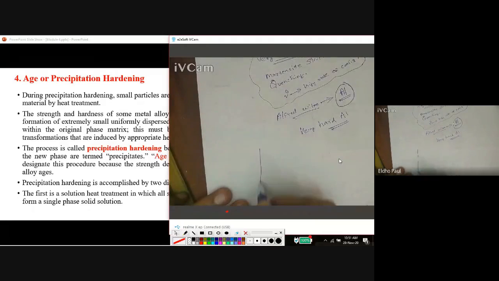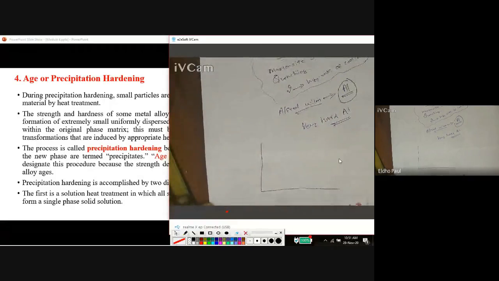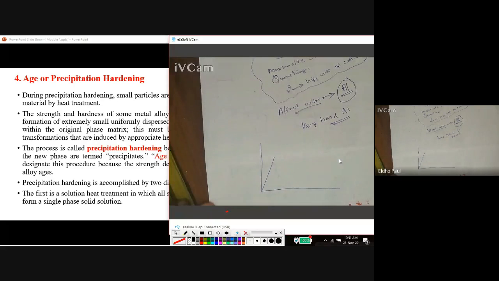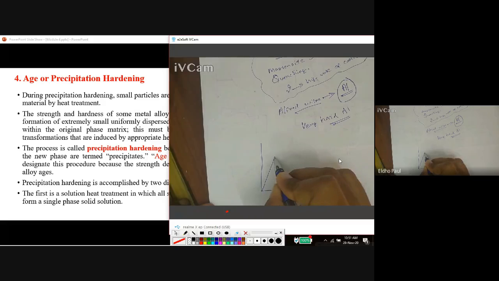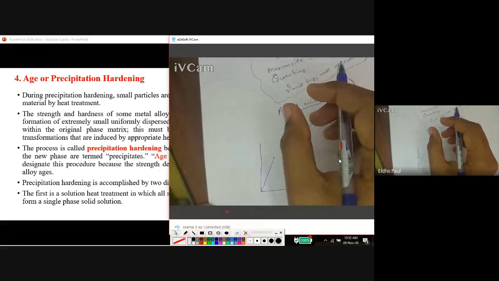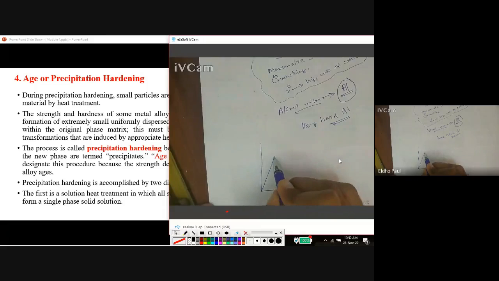So he prepared a sample. Then he heated this sample to a particular high temperature. Similar to martensite formation, after heating we maintain the sample at that temperature for some time. That is called holding.